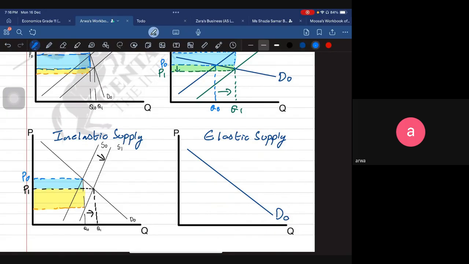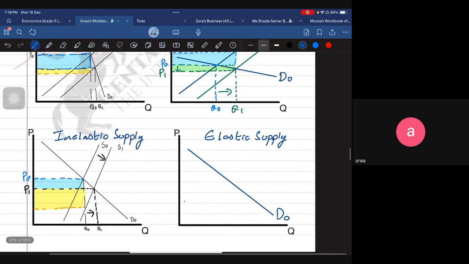So, elastic supply. Now, if we consider an elastic supply, this is S naught. Always try to make sure that it looks as elastic as possible, right?